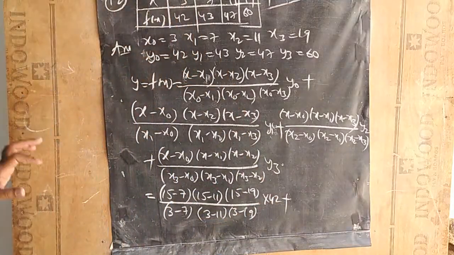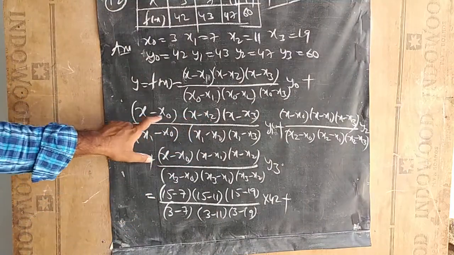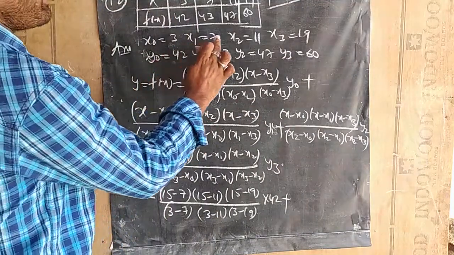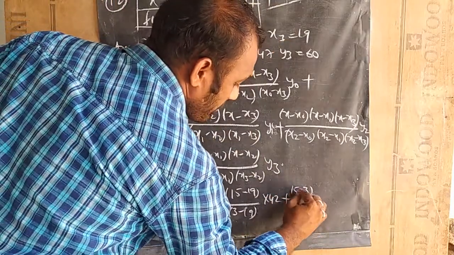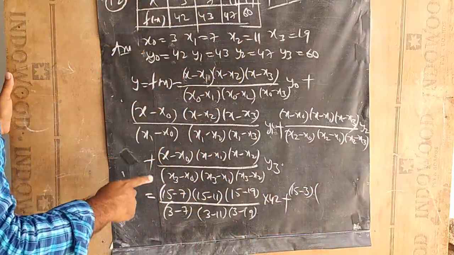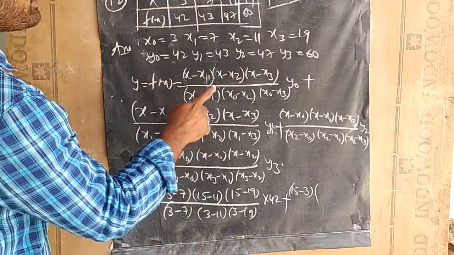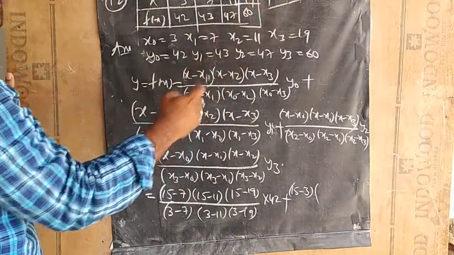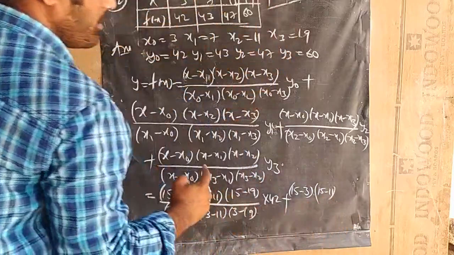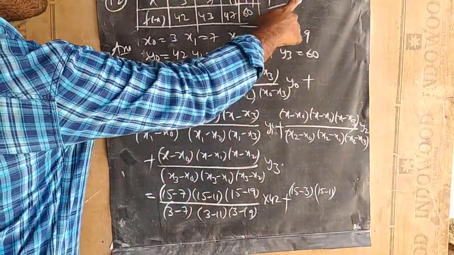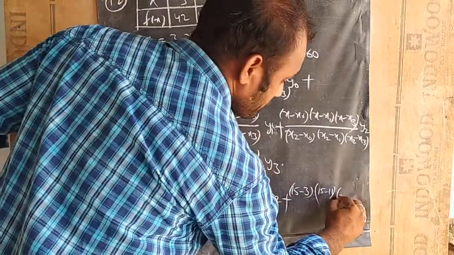Plus, second: x minus x0, 15 minus 3. Next x minus x2, that is 15 minus 11. x minus x3, 15 minus 19.